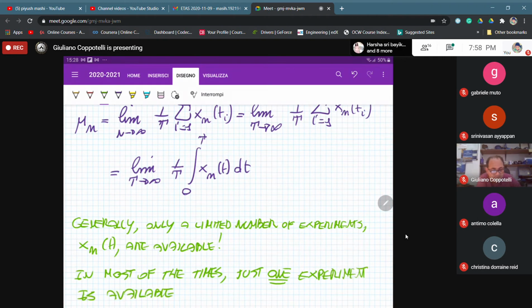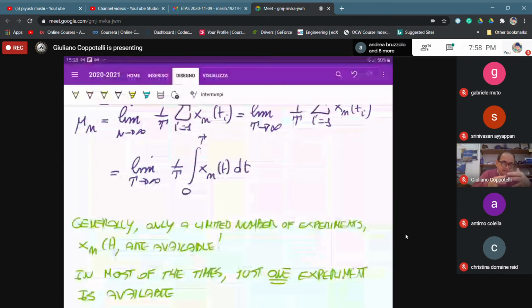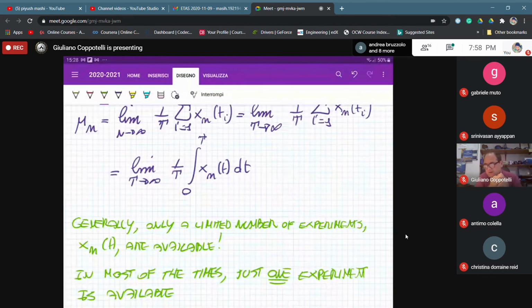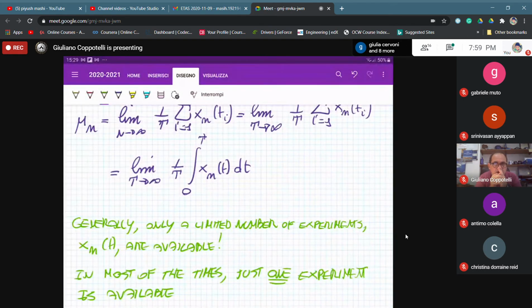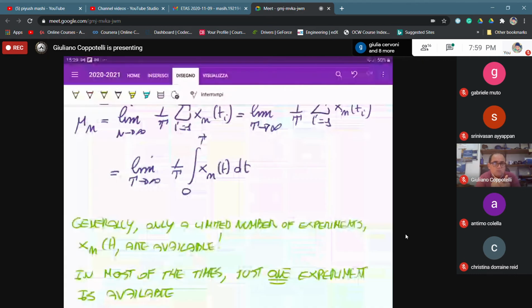And thus, it is very important to have some tools to cope with these tests that are random, but there are some properties that we can use. For example, we can refer to stochastic processes. So the question is now, how can we deal with just one test?